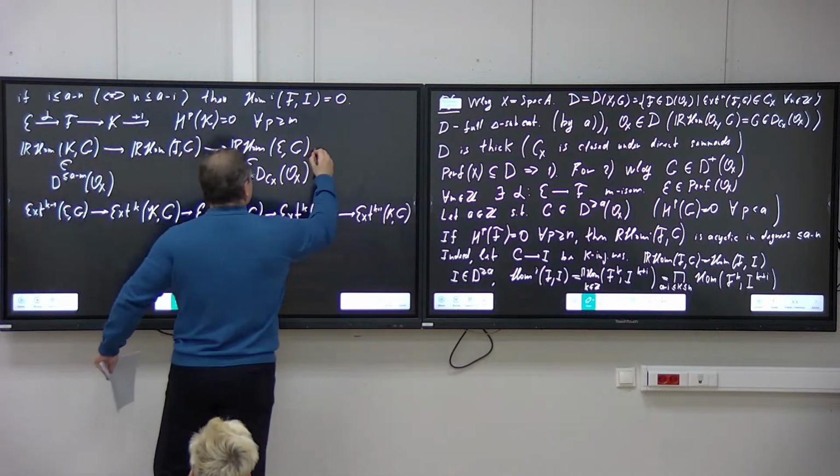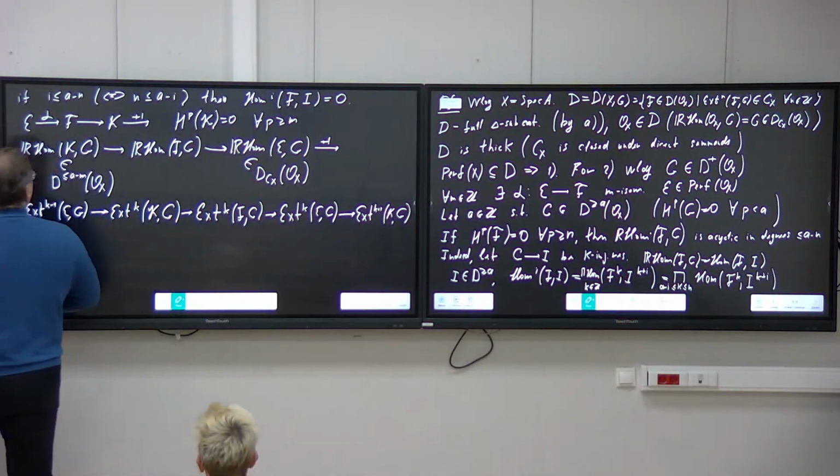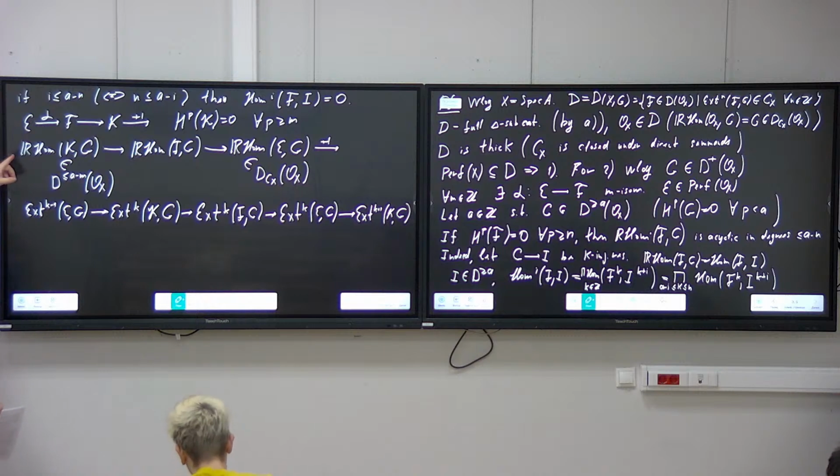Sorry, I was saying that it's not an exact sequence, but of course this is just another distinguished triangle which I obtained by applying the functor Hom into G to this distinguished triangle. So there is a corresponding long exact sequence of Ext, which is this one.